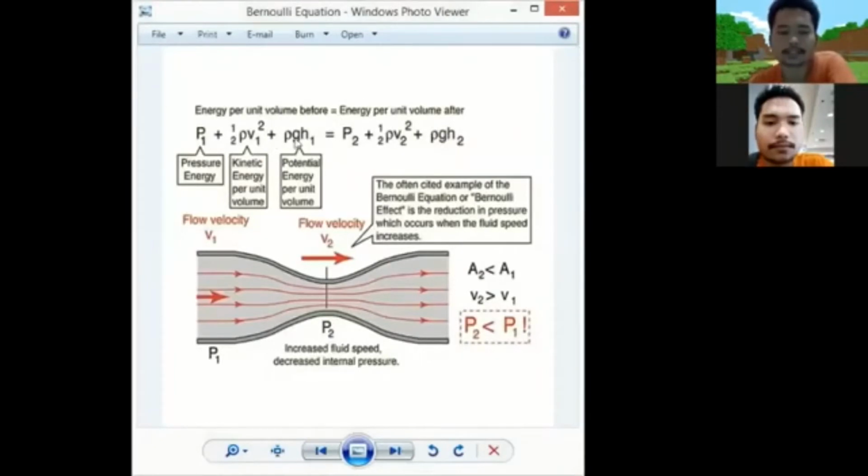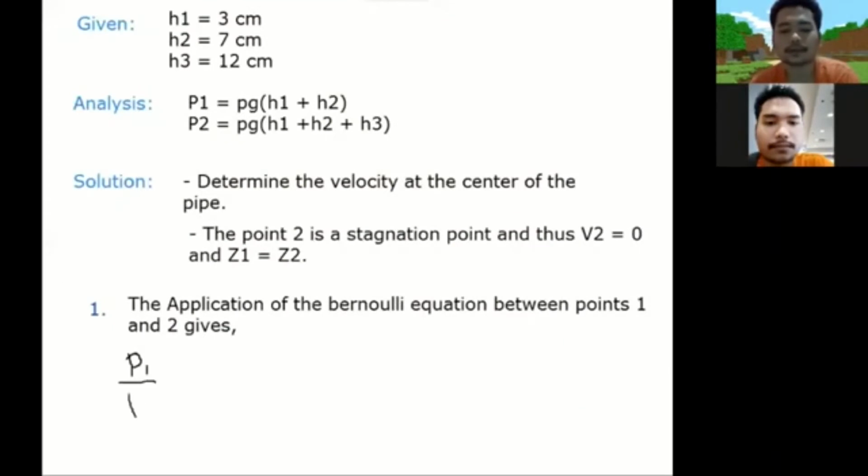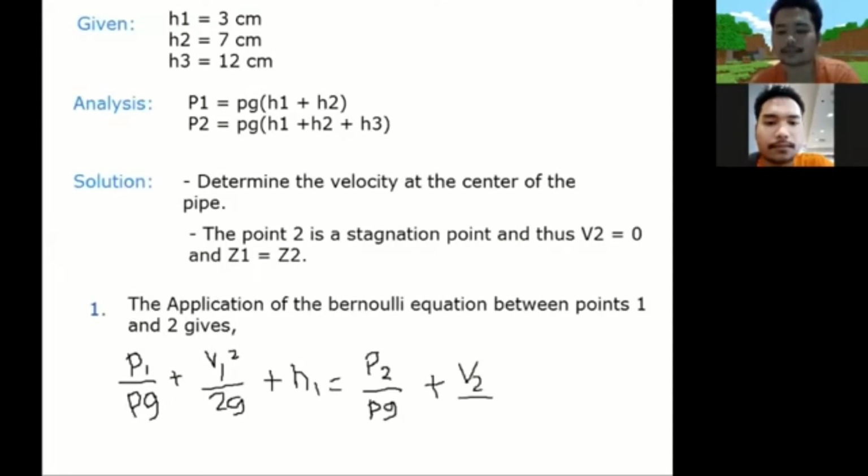We can also express it in another form: P1 over ρg plus V1 squared over 2g plus Z1 equals P2 over ρg plus V2 squared over 2g plus Z2. We can cancel out the Z1 and Z2. And since point 2 is a stagnation point, we also cancel out its velocity term, because V2 is 0.